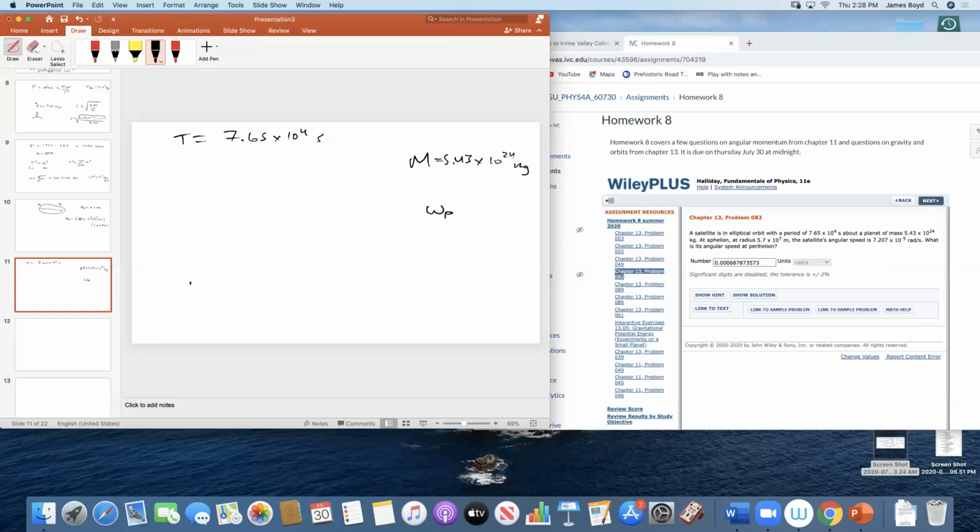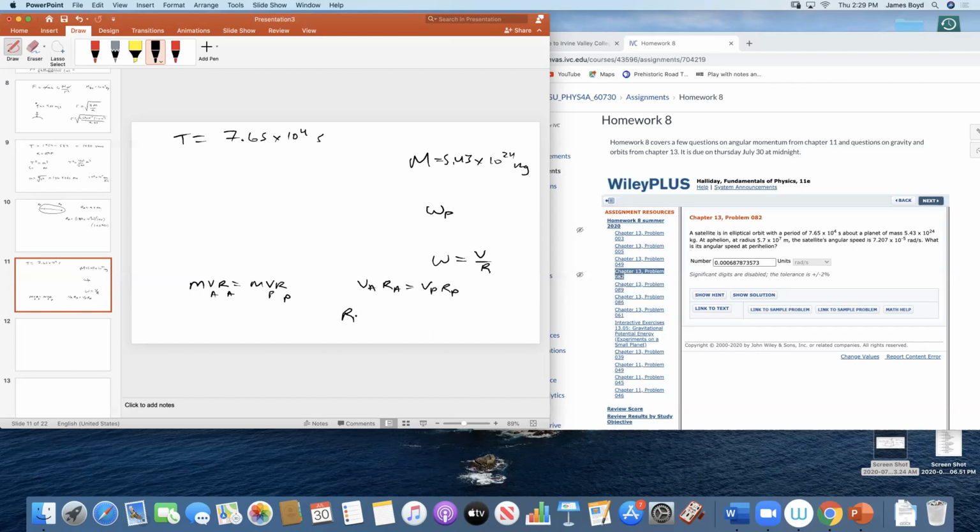Something I didn't say before, we found that mvr was equal to mvr, with this being A and this being P. That was Kepler's second law. Canceling the m's, we get that VA RA is equal to VP RP. But remember that omega is V over R, or better yet, V is R omega.